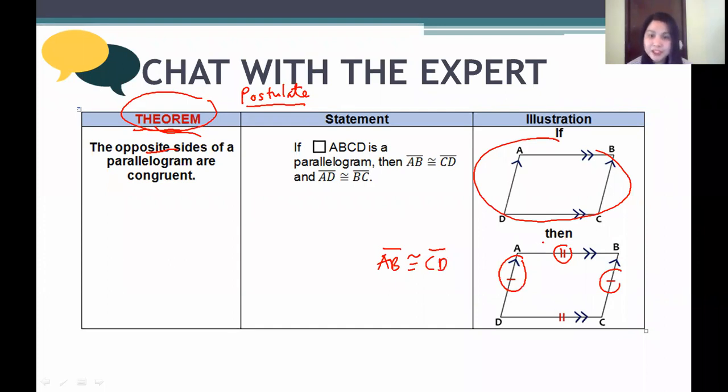So if AB measures 10, DC will also measure 10. If AD measures 5, BC will also measure 5. Reason? Opposite sides of a parallelogram are congruent.